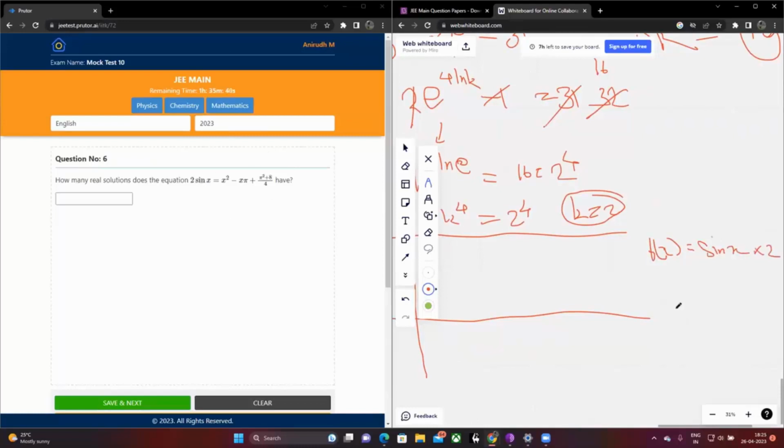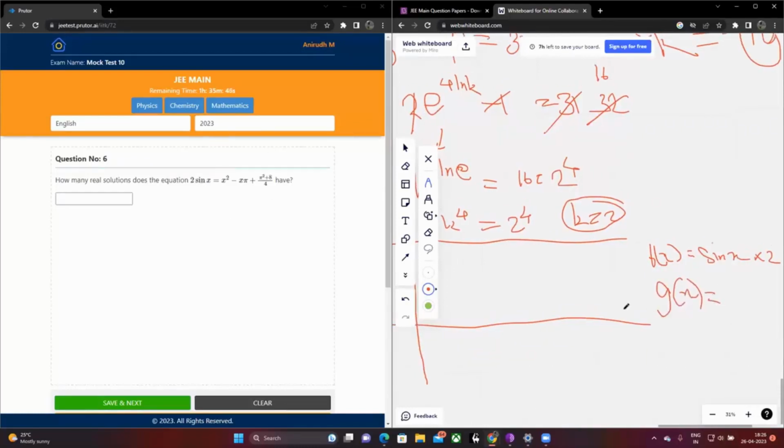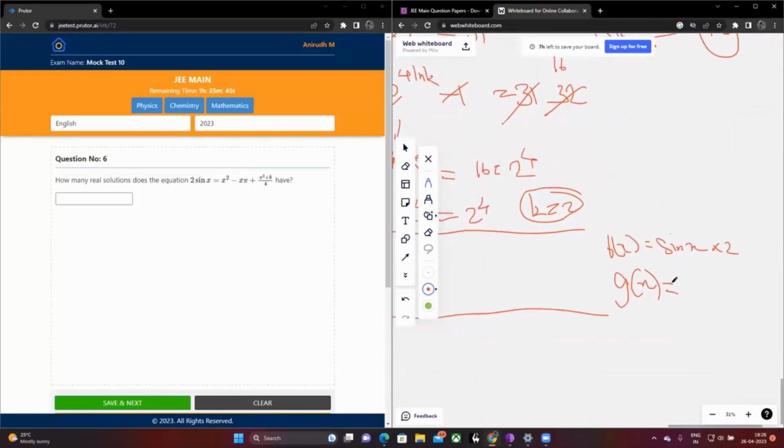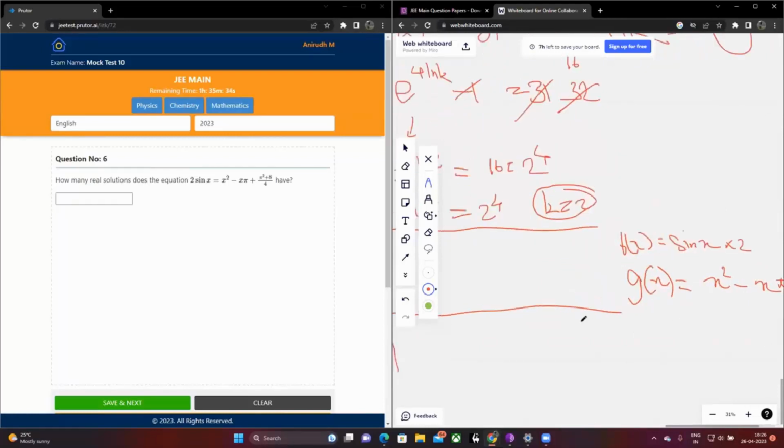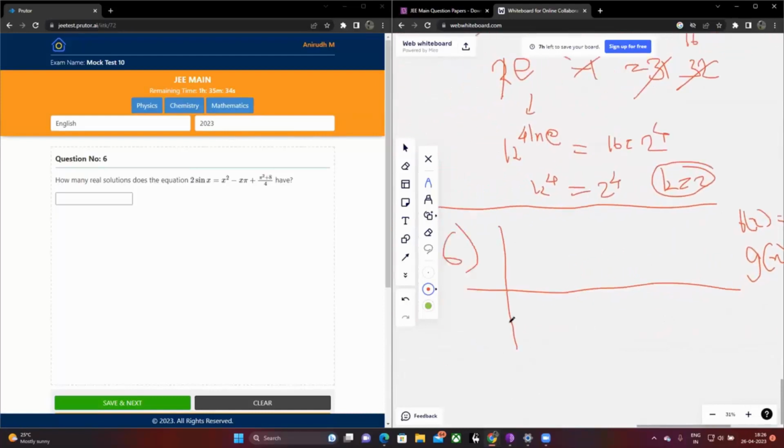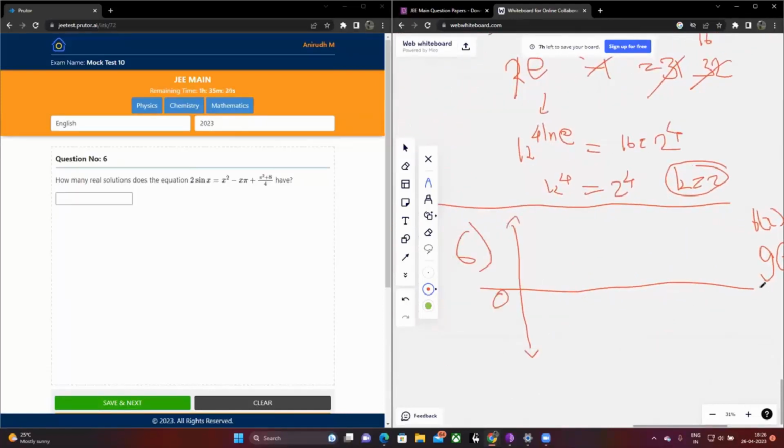And the right hand side is taken as another separate function, g of x, right? That is x squared minus x pi plus pi squared plus 8 divided by 4. So this being the graph, I'm representing this as 0, this y, this x.